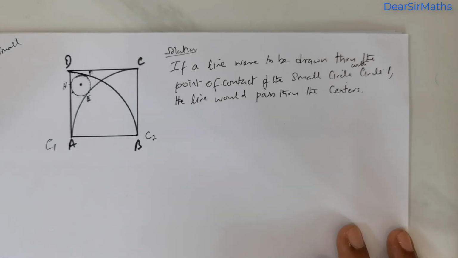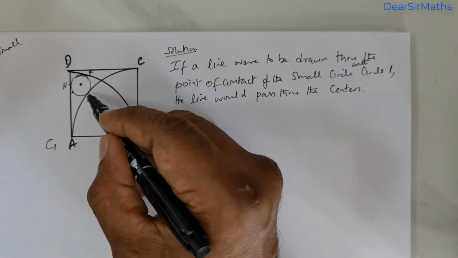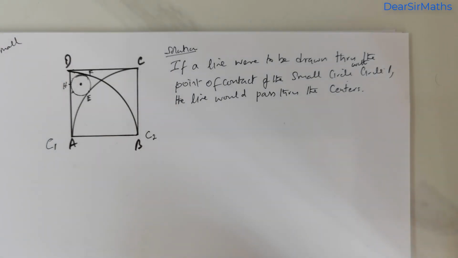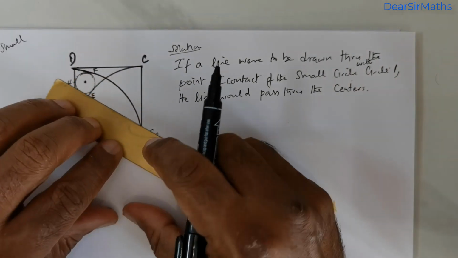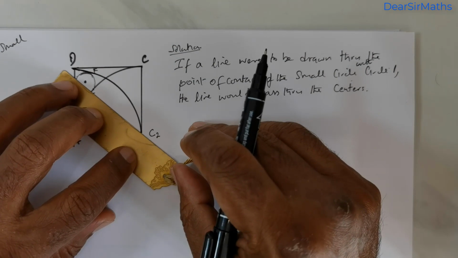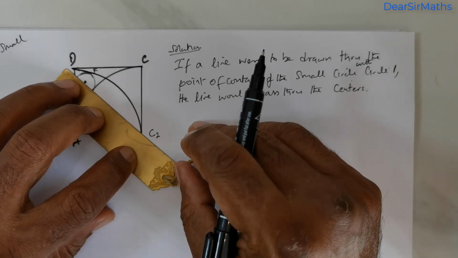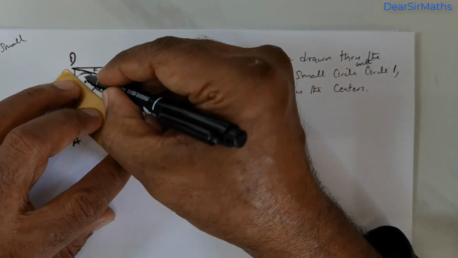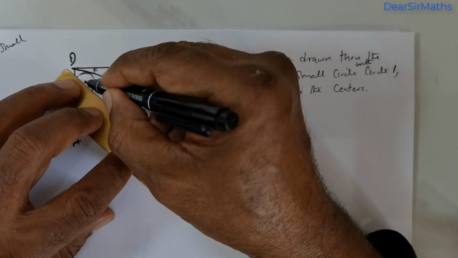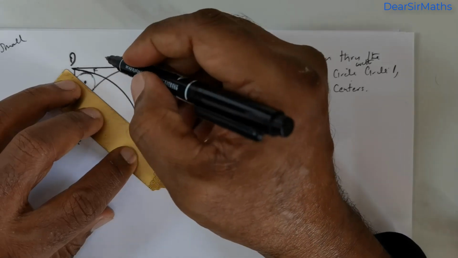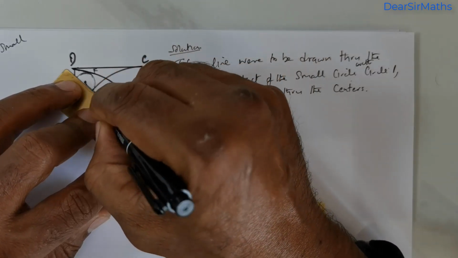So that would mean, since there is a point of contact here, if I were to draw a line through this point of contact, then that line would actually connect the centers of the circle.